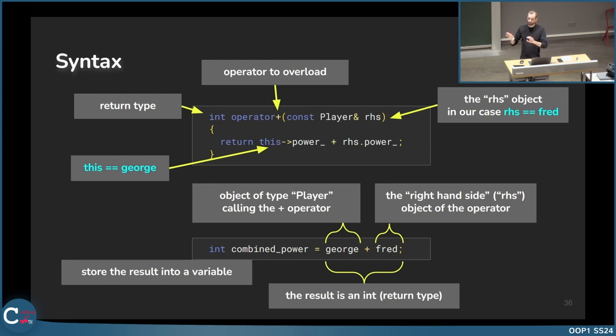This would work. But when you have left side, right side, and this is a player, this is an integer, it would work; this is an integer, and this is a player, it would not work. Any other questions?